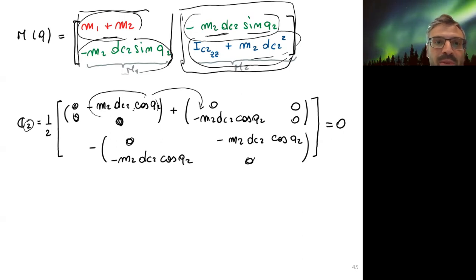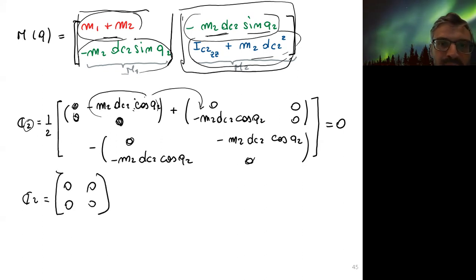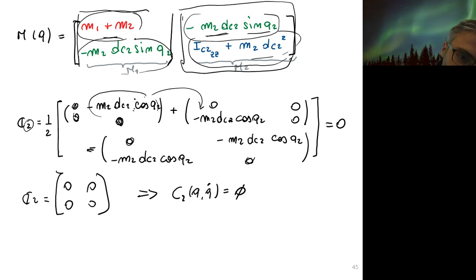So if you sum up this, you see that C2 is 0 because this summed up to this minus this is getting 0. So the second component of the Coriolis centrifugal term is 0. Okay, we will analyze this more in detail afterwards.